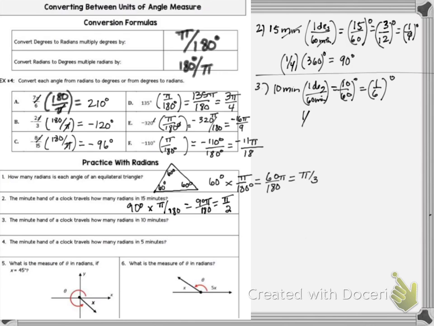And then I just multiply 1/6 times 360 of a revolution, and I'm going to get 60 degrees. But again, we have to change this to a radian measure. So I get 60 pi divided by 180, and that's going to give me pi over 3.